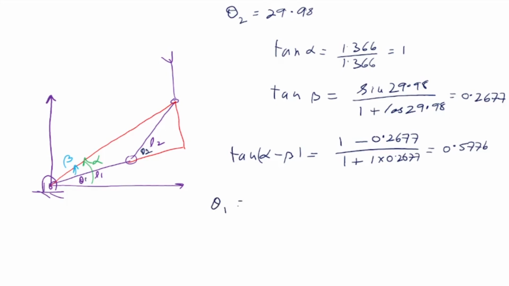So theta 1 is equal to tan inverse of 0.5776, which is 30.01. Again, we don't get an exact value, but we get this value.